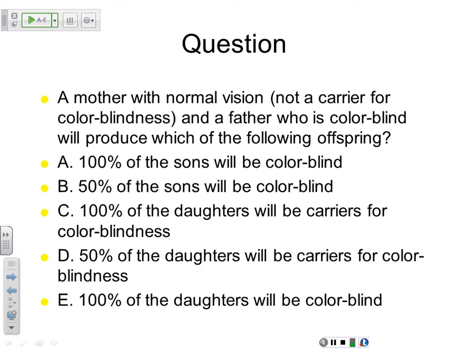You draw for yourself the gametes for the mother and the gametes for the father, and you could do a quick Punnett square like I showed you that time. Just make sure that it's on the X.